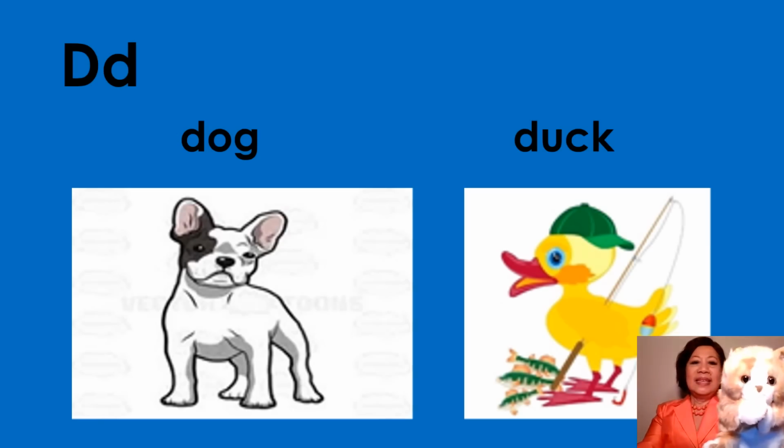D. D says D as in dog. Dog. Very good. My neighbor's dogs barked all night. D. D as in duck. Duck. I saw a duck in my pond.